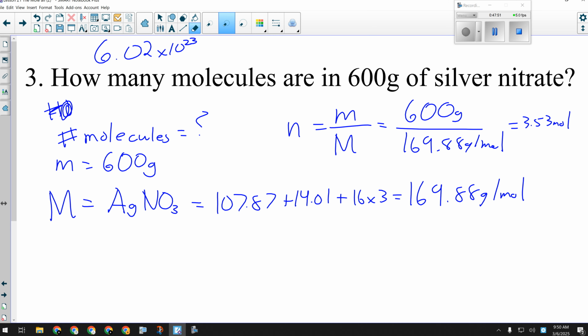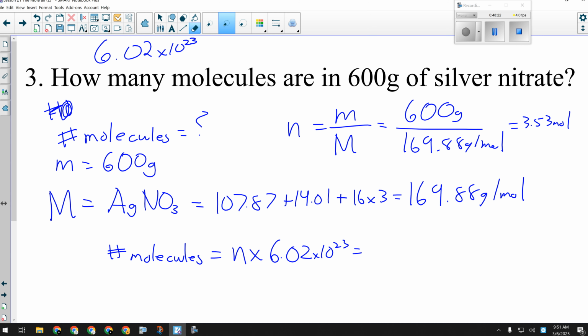If I want a big number, like number of molecules, I'd multiply by Avogadro's number. If I want a small number, like mass, I would divide. Making some sense? You just have to ask yourself a mathematical reasoning question. So I'm going to multiply these two numbers together to get the number of molecules. I would multiply n by Avogadro's number.